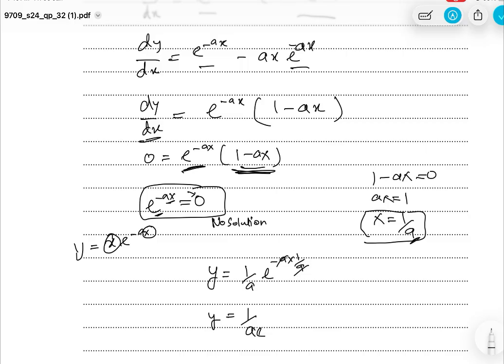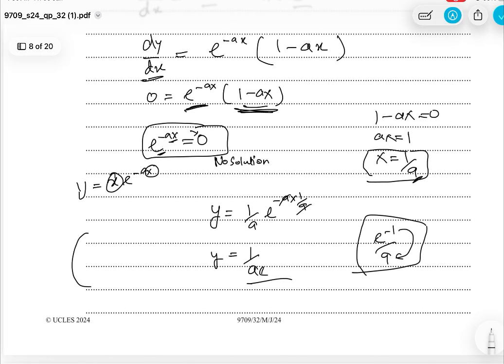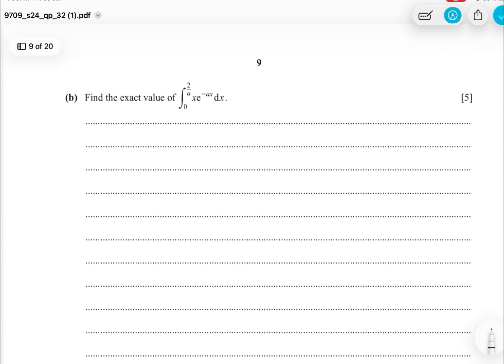Understood? You can write it like this as well, e to the power minus 1 upon a. That is also fine. But if you reciprocal it, it will become like this. So what will be our coordinates? The coordinates would be x coordinate first 1 upon a and 1 upon ae. This is your answer. Let's move on to the next one.